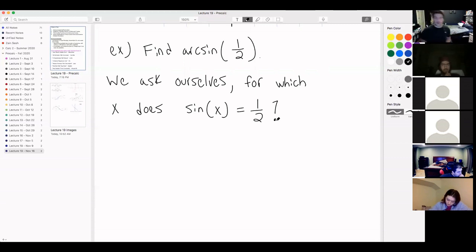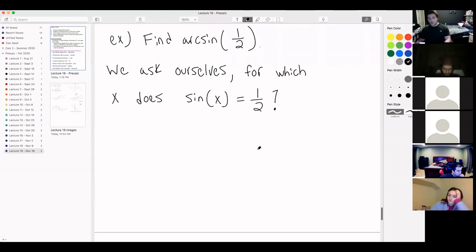You need to be like, okay, sine of what is 1/2? It's kind of analogous to when we evaluated logarithms. So sine of what is 1/2? That's what we need to ask ourselves, and this is not bad.